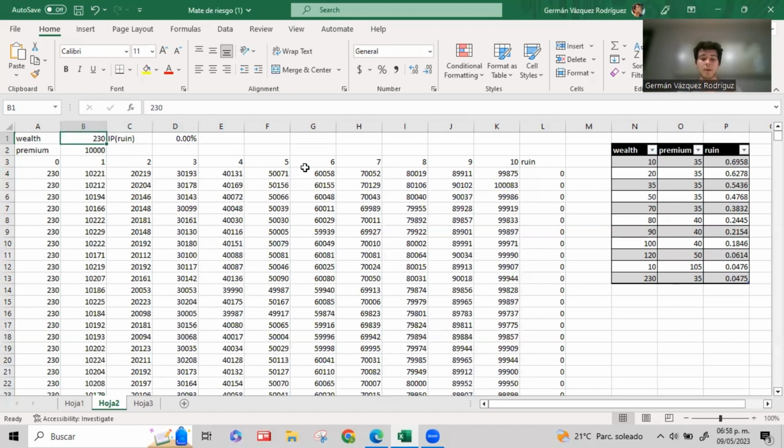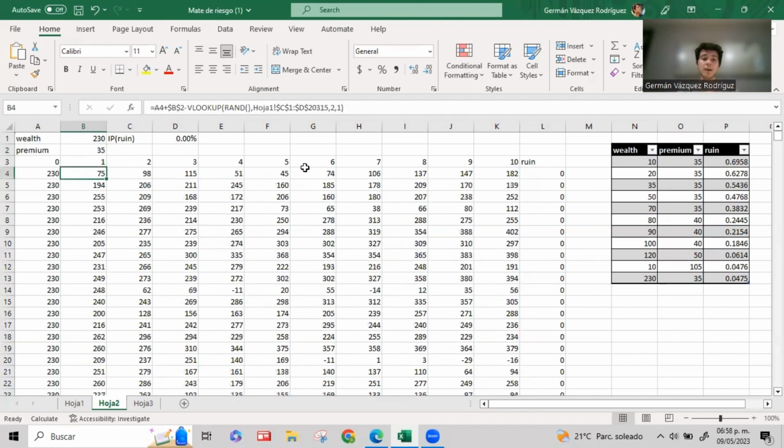So the probability of ruin depends on our wealth and the premium that we are charging. But the purpose of this example is to get a premium that is fair for the client. And the most fair premium is obviously the lowest value possible in the graph, right? The 35 pesos.